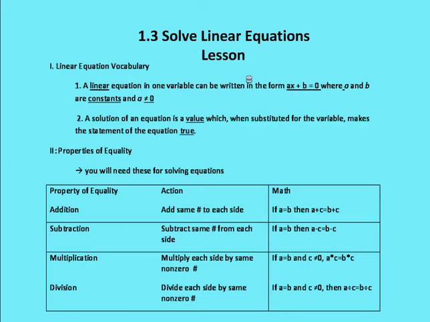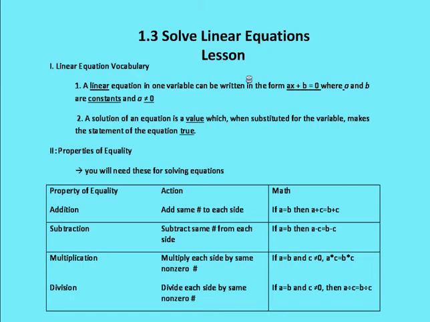Something along the lines of 3x plus 9 is equal to 0 would be a linear equation. A solution of an equation is a value which, when substituted for the variable, makes the statement of the equation true.